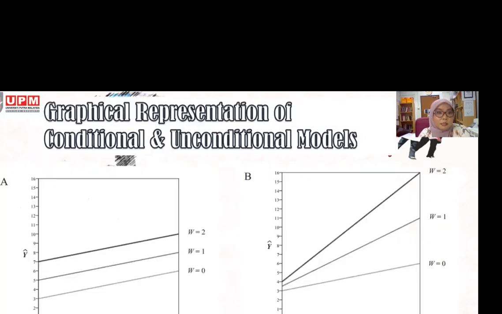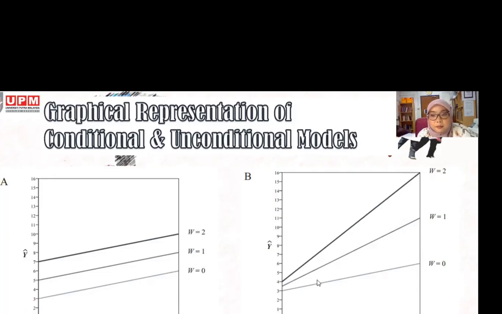Okay, so this is the graphical representation of conditional and unconditional models. The figure A represents the unconditional model, meaning that regardless of the conditions of W, the effect of X on Y is still similar. You can see that the line is linear and stagnant, the same throughout.